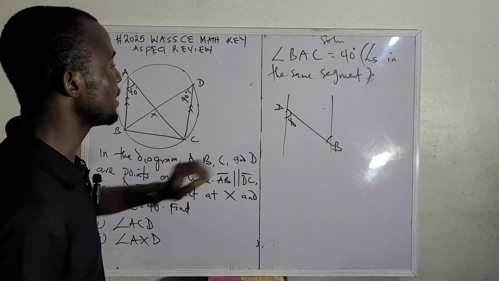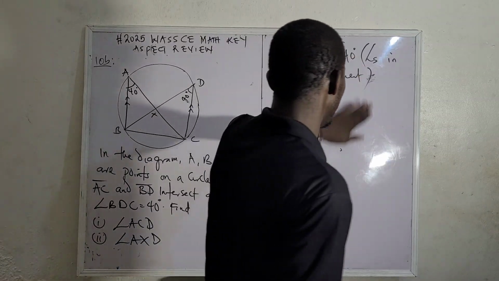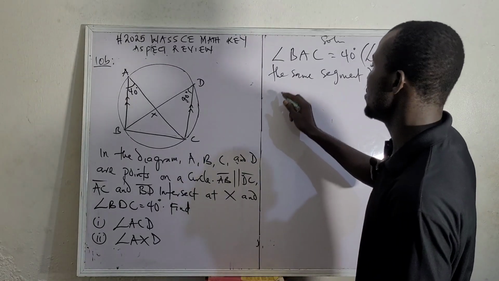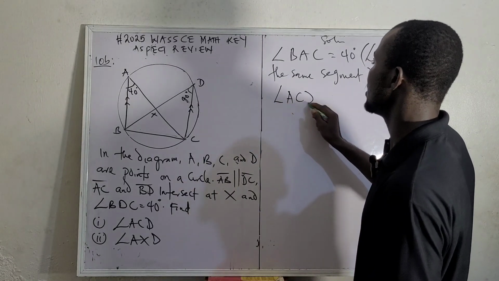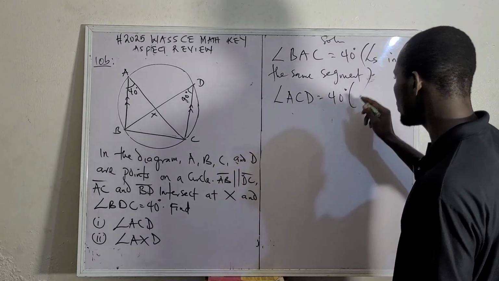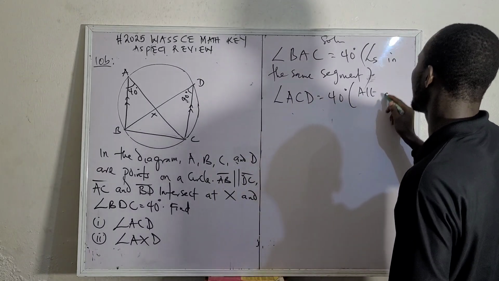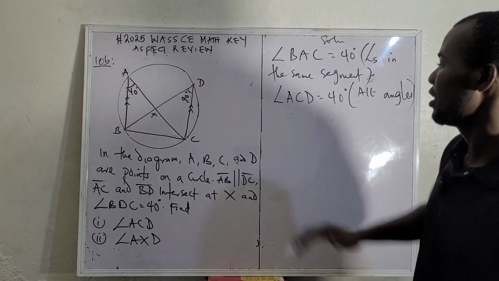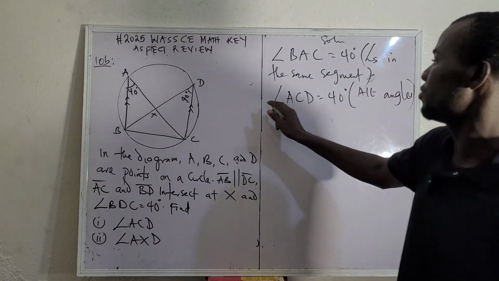Alternate angles are equal. So I'm writing angle ACD equals 40, alternate angles. That is settled. We've done the first part.